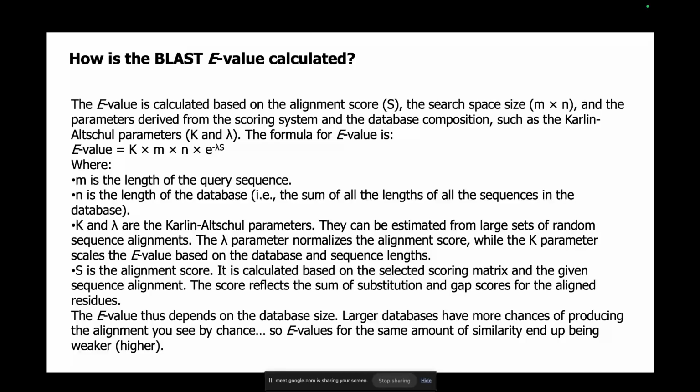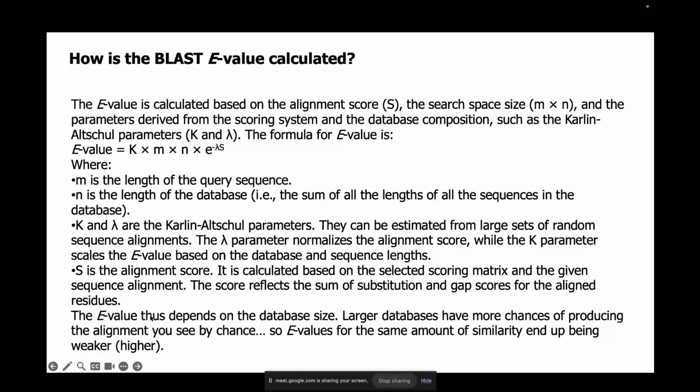You fit this model to a very large data set, and then you do some maximum likelihood estimation or something like this, and get these particular parameter values. S is the alignment score for that particular alignment. M is the length of the query sequence, and N is the length of the database, that is the sum of all the lengths of the sequences in the database. And this is how the E value is calculated.